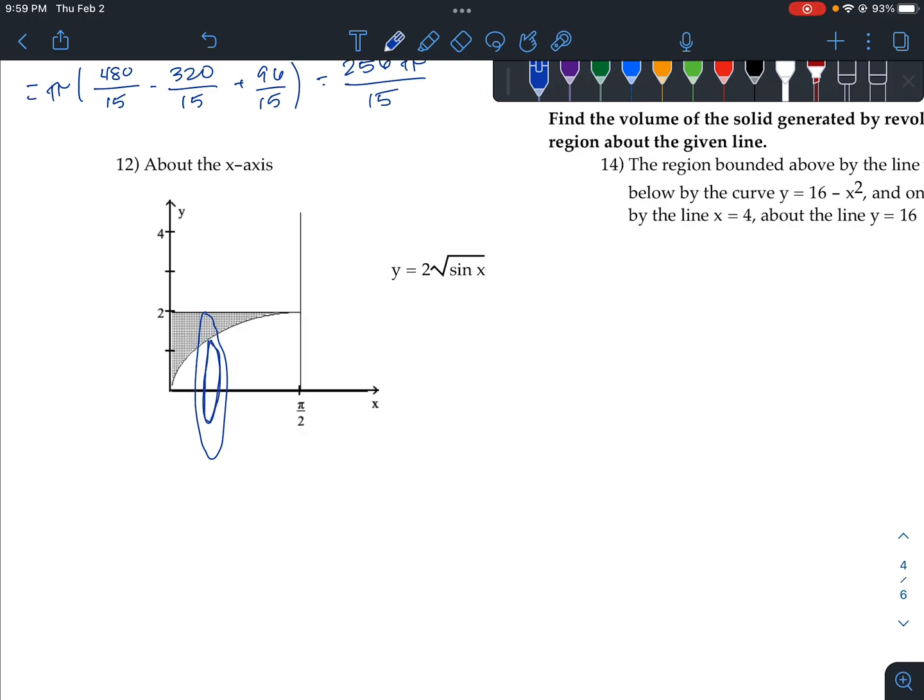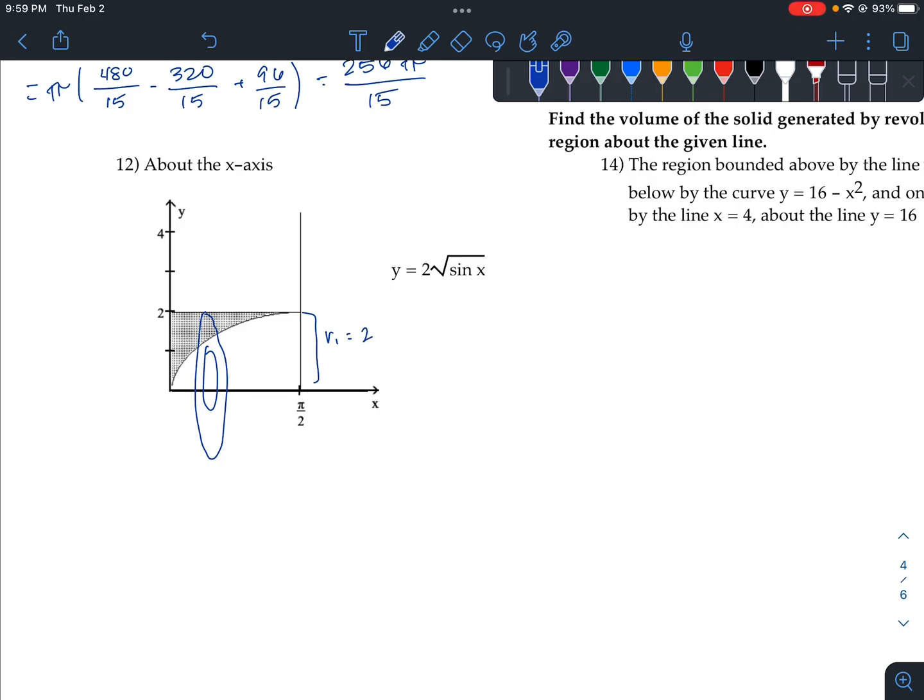So this is going to be the washer method. So I need the region without that, and then I'll need to carve out the region. So R1 is going to be this distance, so R1 is going to be equal to 2.